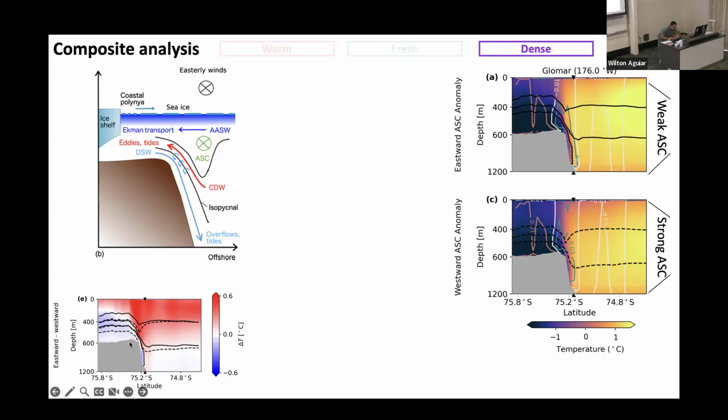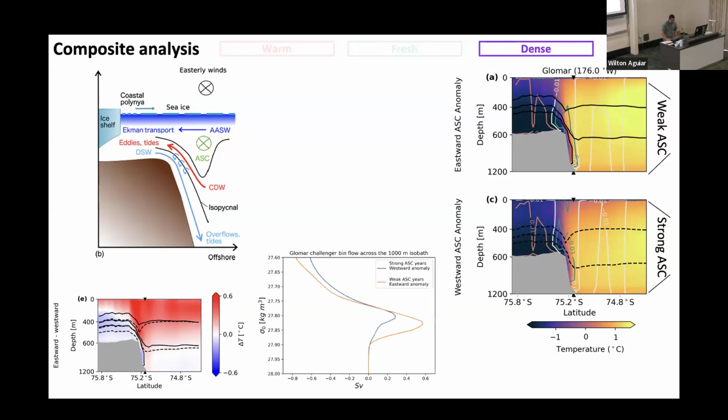What is interesting is that whenever we have the stronger overflow, we have this warming right on the top of the overflow, showing that circumpolar deep water is encroaching on the top of it and bringing heat. Now, what is interesting too is that this doesn't mean necessarily that we have a warming of the shelf, but that's because in this season we also have a lot of water mass transformation. So this heat actually is coming to the shelf, exchanges heat with the surface, and becomes shelf water too.